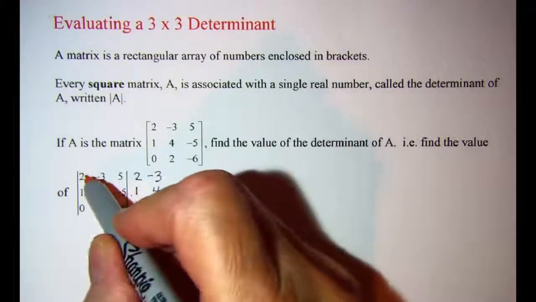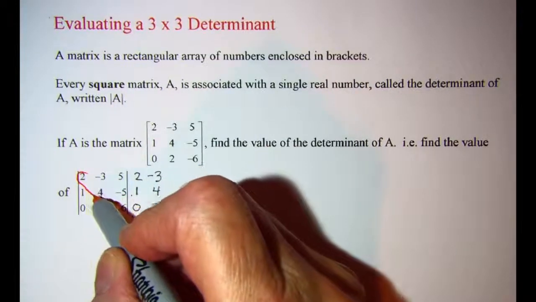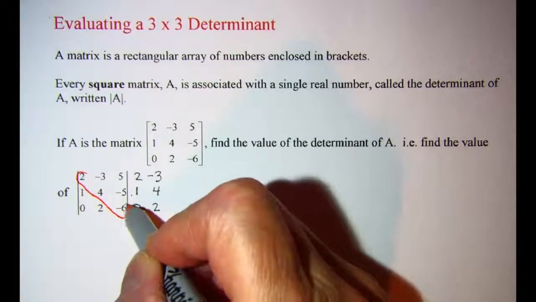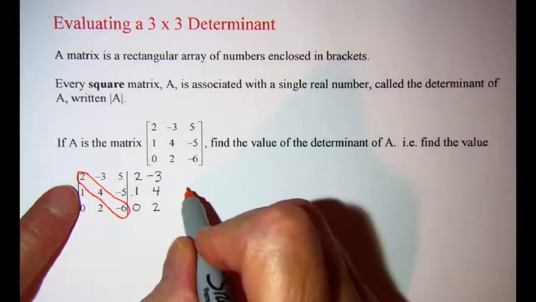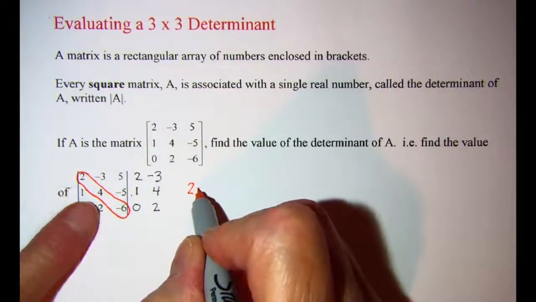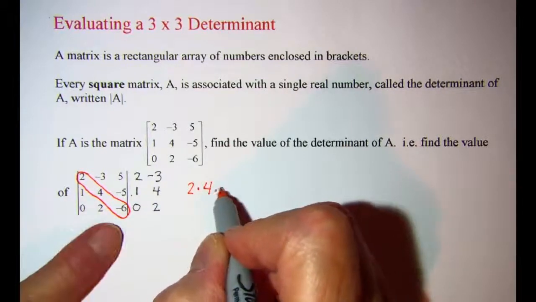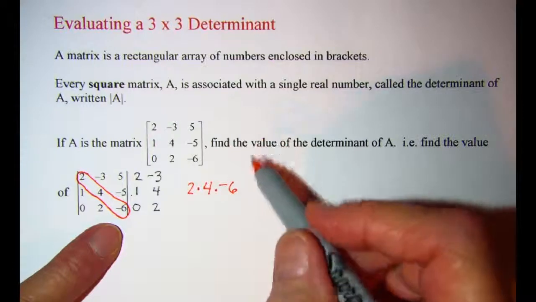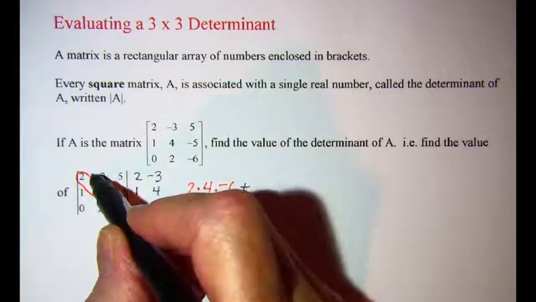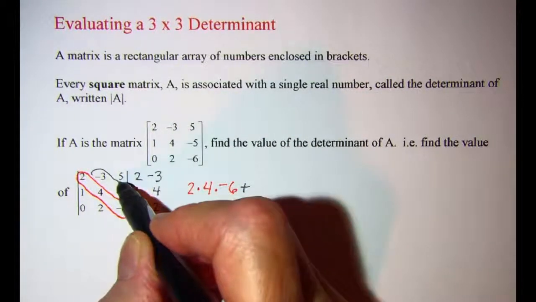So my first diagonal that I'm going to multiply is right here. So I have 2 times 4 times -6. And then I'm going to add to that this product of this diagonal.